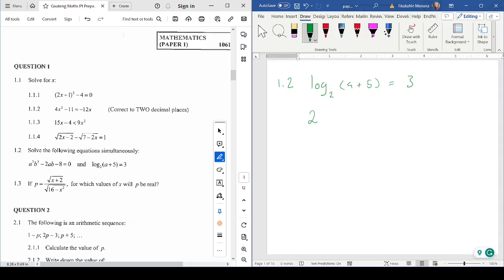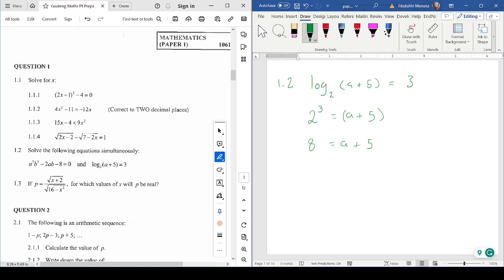Then you interchange these two. So the 3 comes on top to complete the exponent, is equal to A plus 5. Let me leave it in the bracket so that you can see it clearly. Now it's easy to calculate for A. So this becomes 8 is equal to 1 times A, which is just A, plus 5.